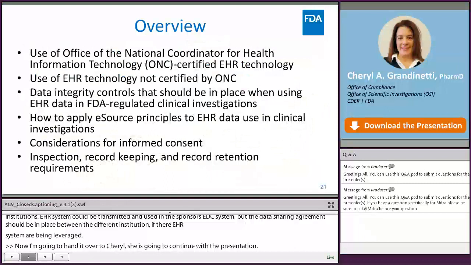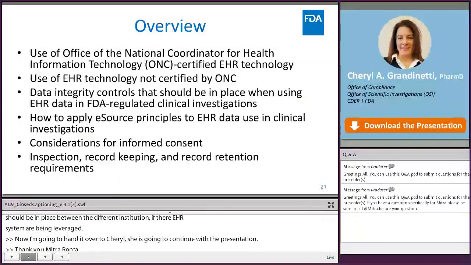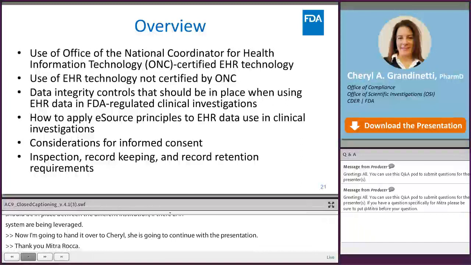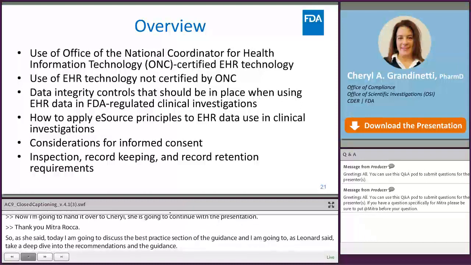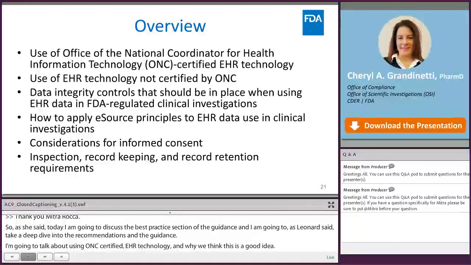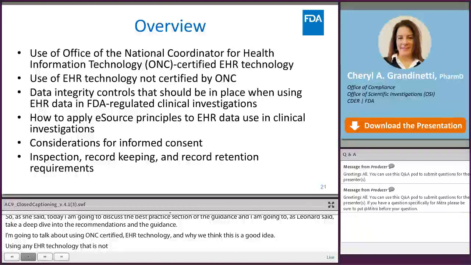As Mitra said, today I'm going to discuss the best practice section of the guidance and, as Leonard said, take a deep dive into the recommendations in the guidance. I'm going to talk about using ONC certified EHR technology and why we think this is a good idea, and using any EHR technology that's not certified, what sponsors should consider in terms of the data integrity controls that should be in place when using data from these systems in FDA-regulated clinical investigations.